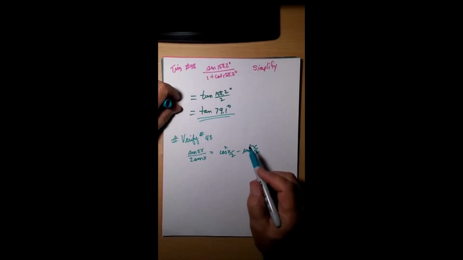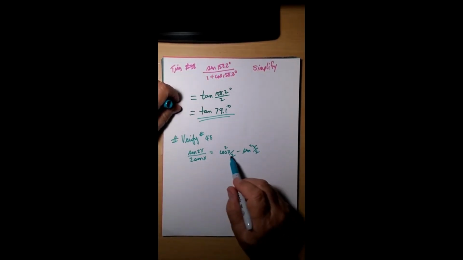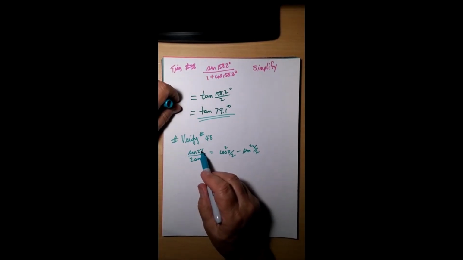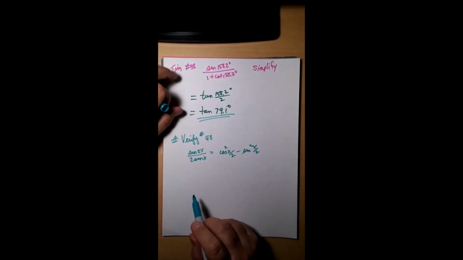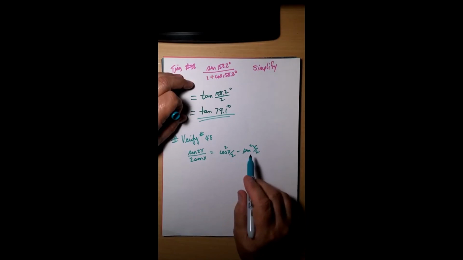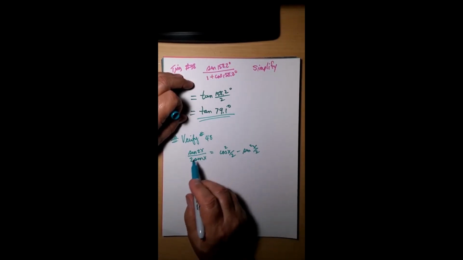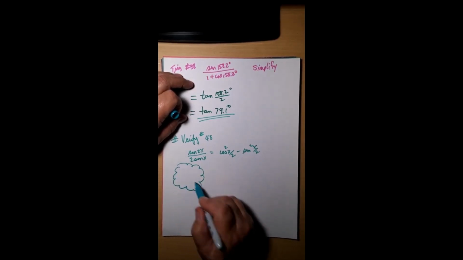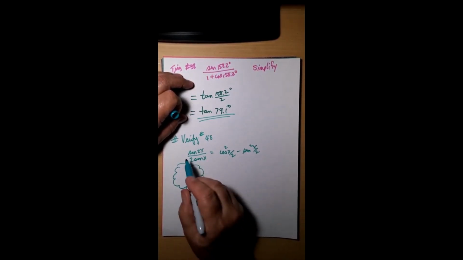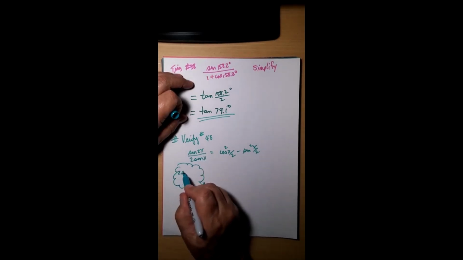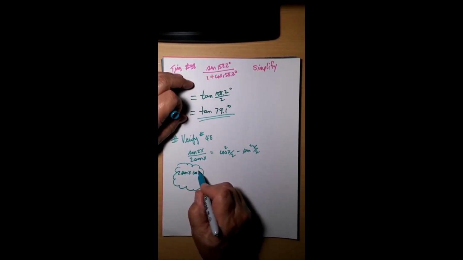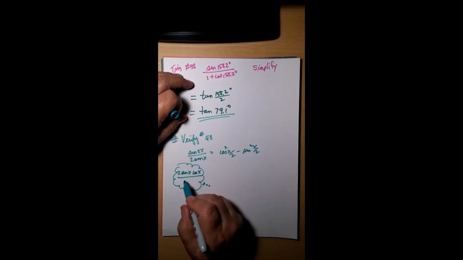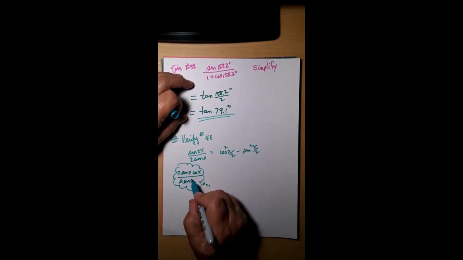Well, we got a choice this time because these are half angles, and this is a double angle. So I think I'm going to work on the right side because the half angles are more complicated. This sine 2x, what I'm going to think about, without writing down, of course, is 2 sine x cosine x. This denominator is 2 sine x.